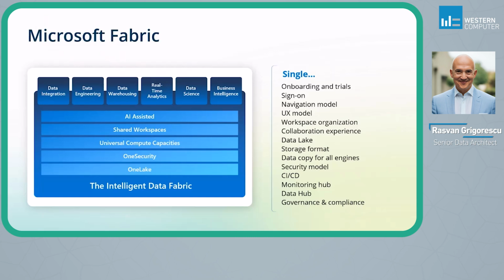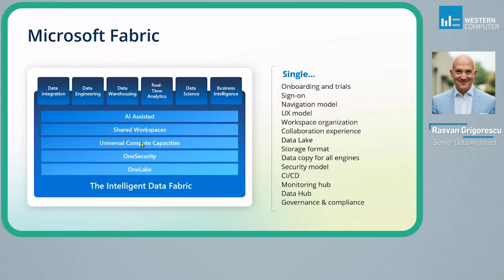The computing capacities go across all the workloads and the models. There's shared workspaces. There's single sign-on. There is a consistent user interface. There's a very simple workspace organization, and the collaboration experience is enhanced.